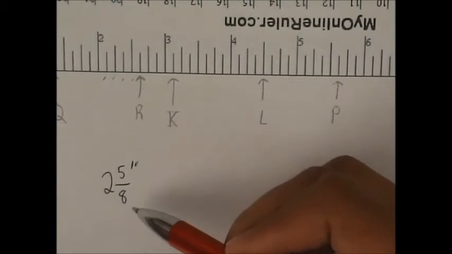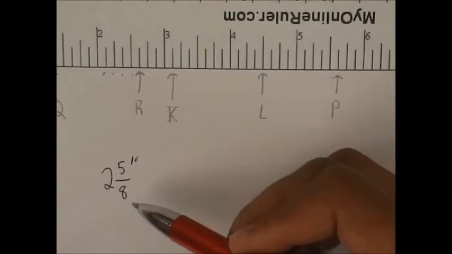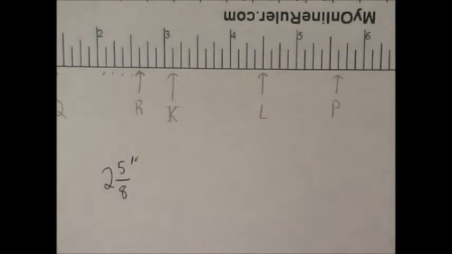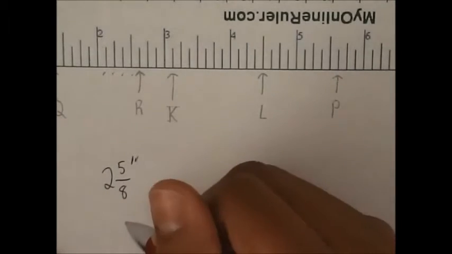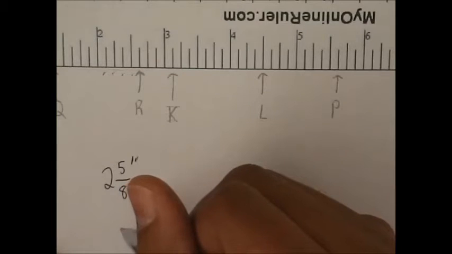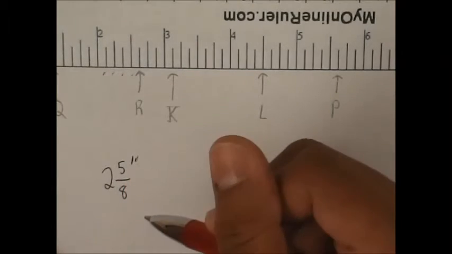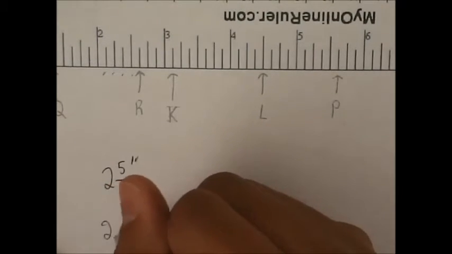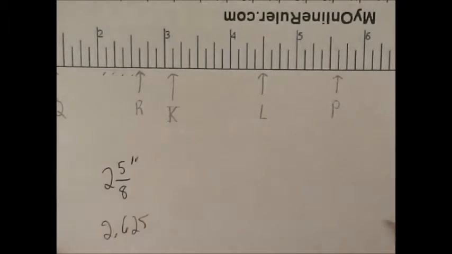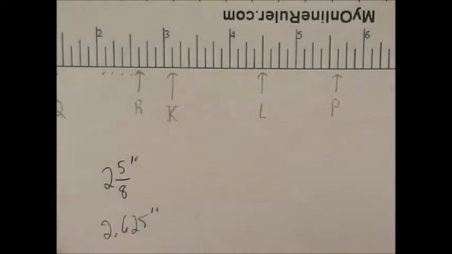It can be converted to a decimal, which would be 2.625. But on the test, I won't ask you to convert these to a decimal. I will actually only ask you to find what the value is in eighths.